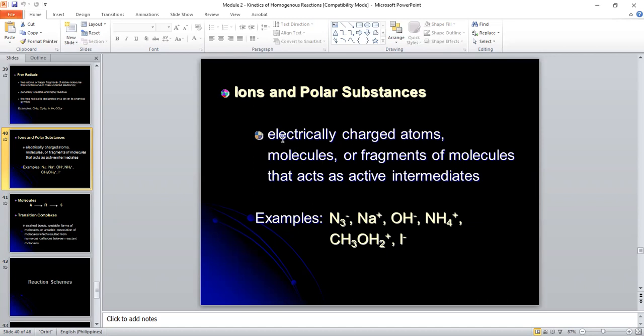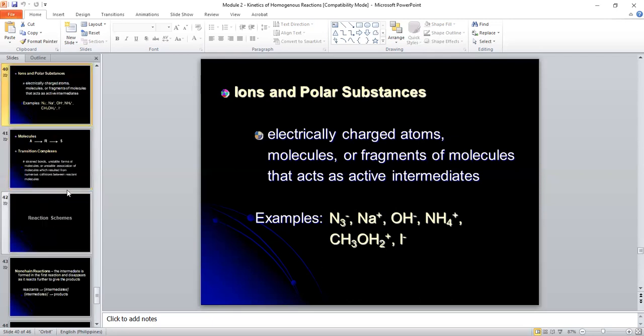Now, I mentioned a while ago that aside from seeing an asterisk, you may see a negative or a positive sign on the formula of the molecule or the compound. So these are examples of such. These are ions and polar substances, considered as well as reaction intermediates.